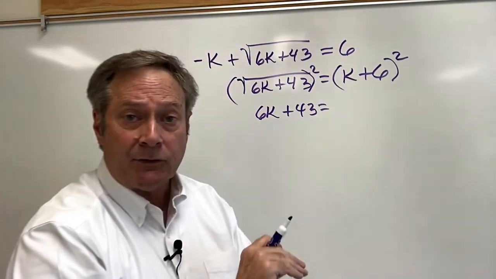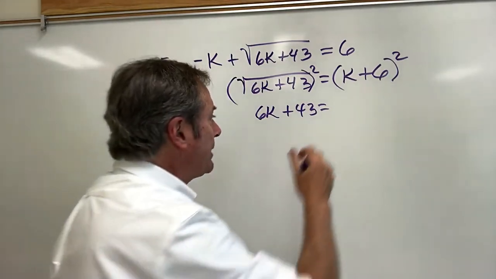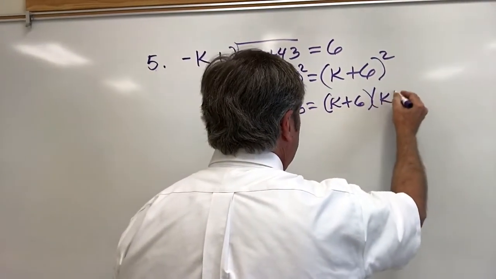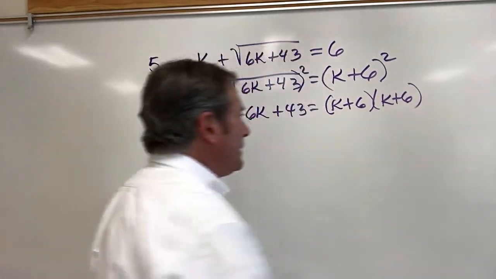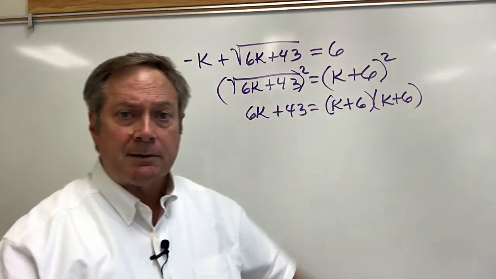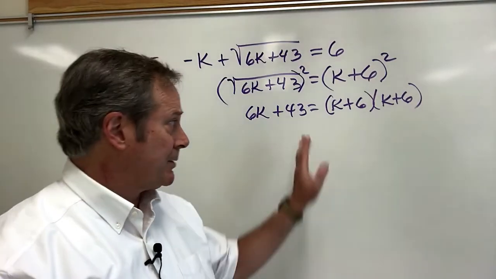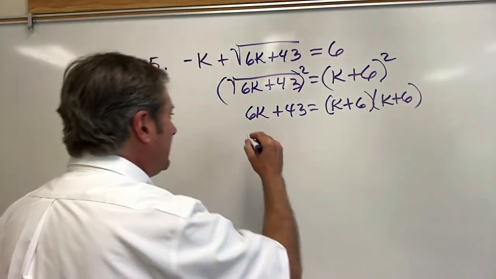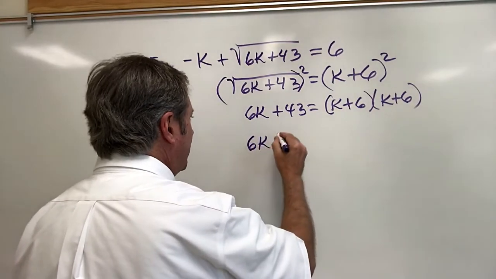But on the right side, we have a binomial squared, so it's going to be k plus 6 times k plus 6. And so we're going to need to multiply that through using the distributive property, and so we're going to end up with a quadratic equation because k times k is going to be k squared.